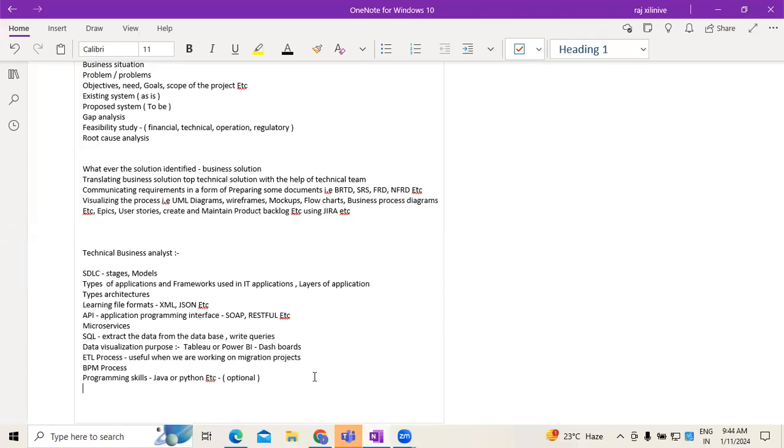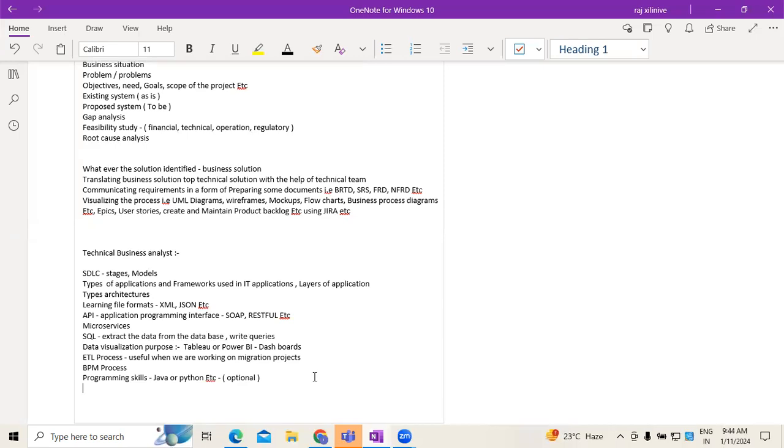It's always advisable to have a basic understanding of BA skill sets, and the detailed functional BA part is essentially required. If you learn it, it will be more useful to you. Otherwise, you have to learn business analysis first, then technical BA will be useful. Otherwise, you can enroll for both. You can attend functional BA separately and technical BA separately. That is the choice of the people attending, right?